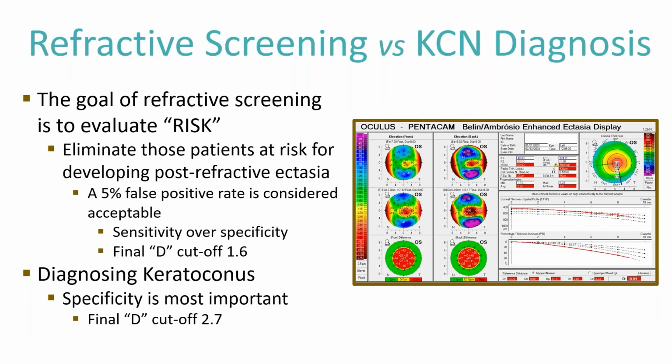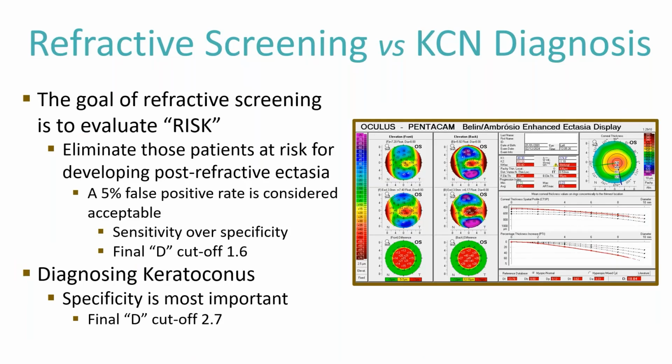I would say that most people would be glad to accept a 5% false positive rate to lower the risk of post-LASIK ectasia. So here, sensitivity has greater weight than specificity. And though I hate giving a specific number, most people, if you read articles, use a final D cutoff of 1.6. We'll discuss that later.